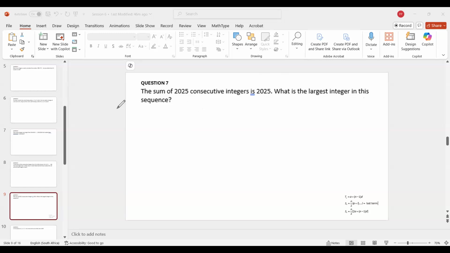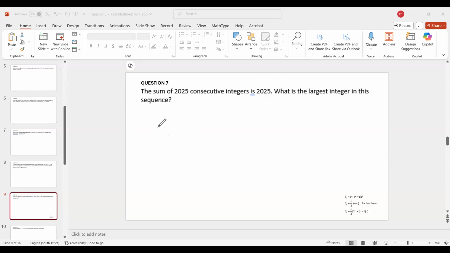Okay, they are consecutive integers, so let me write down the information. I don't know what the first one is. They didn't say it starts from 1. They just say consecutive, and there are 2025 of them. So it can start from anywhere.